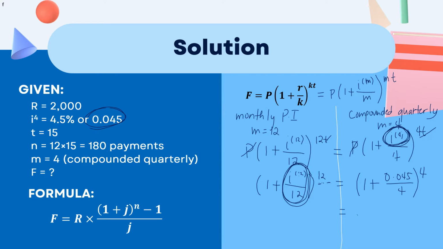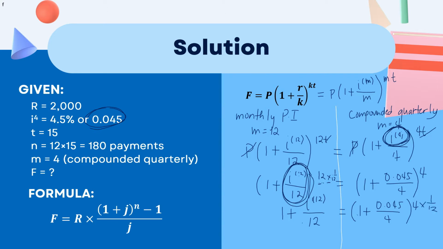Paano po yun? Kailangan lang po natin i-multiply both sides by exponent 1 over 12. So, kapag na-multiply ito ng 1 over 12, magiging over 1 na po siya. Then, ang kakalabasan na po is 1 plus the interest rate over 12, 1 plus 0.045 over 4 raised to 4 times 1 over 12.